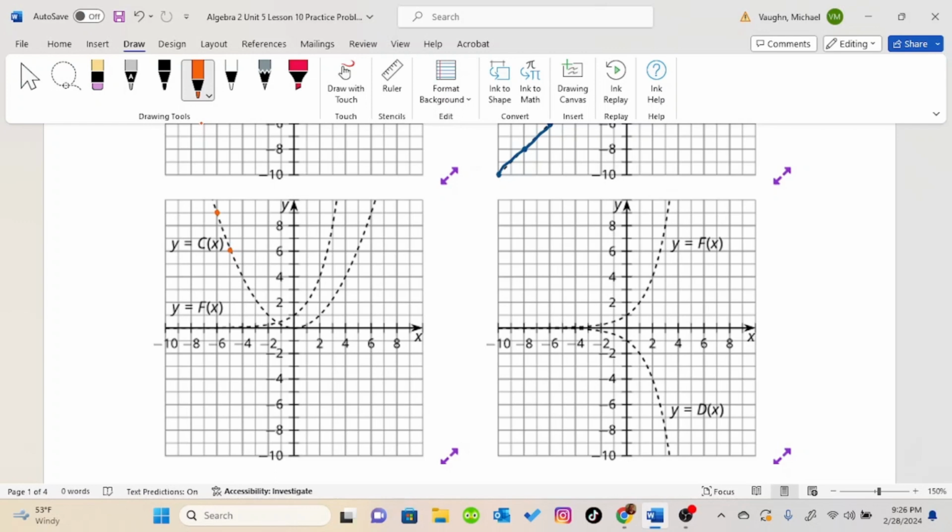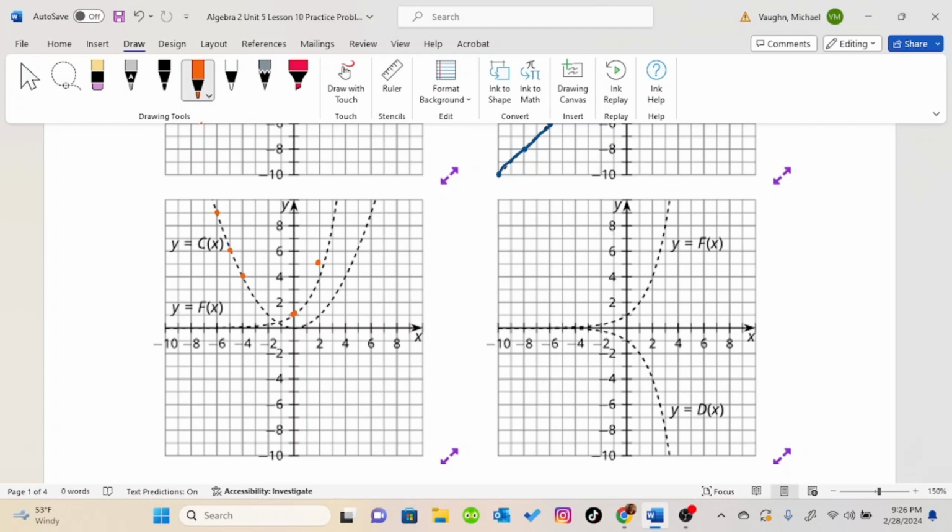At -4, we have 0 plus 4 equals 4. At 0, we have 0 plus 1 equals 1. At 2, we have 1 plus 4 equals 5. At 4, we would have 4, and we're off of the graph.